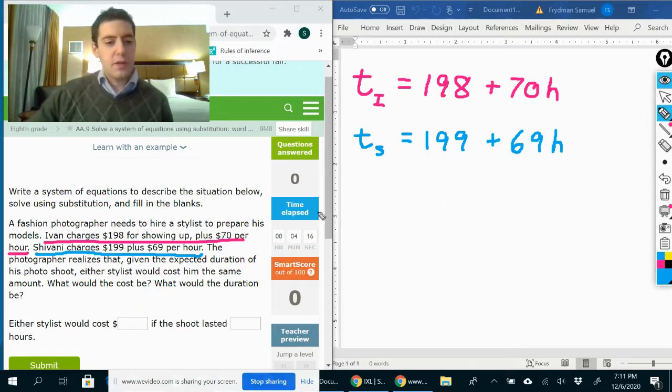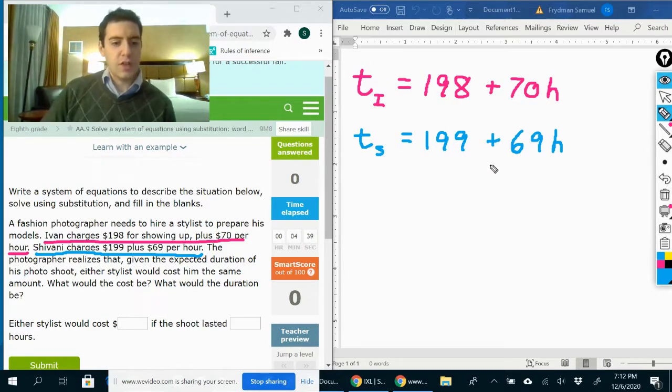Okay? Now, the photographer, so we started with saying a fashion photographer over here. The photographer realizes that given the expected duration of his photo shoot, either stylist would cost him the same amount. So Ivan and Shivani both have slightly different ways of charging their customers. That's pretty similar over here.